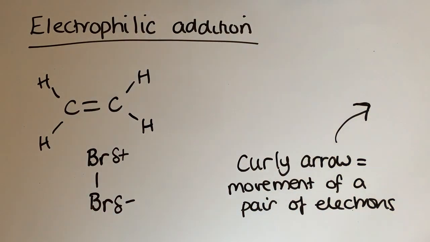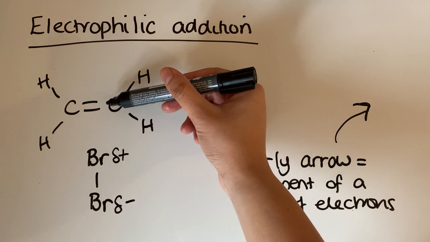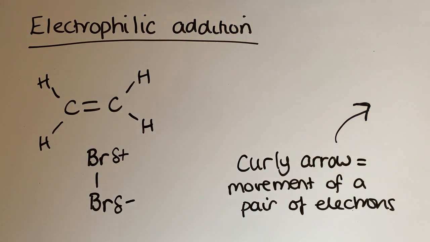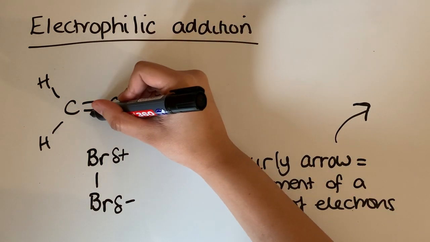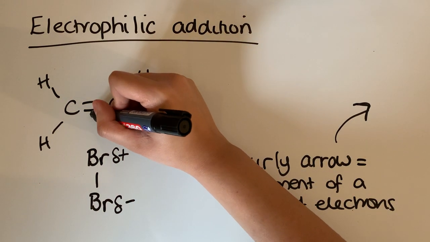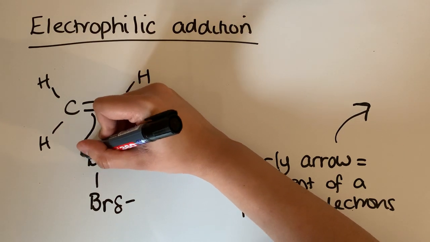So we've got our electrophile here. We know it wants electrons. We know it likes electrons. We know over here we've got a pi bond that's weak, so it's going to break. Our weak pi bond, remember our pi bond also has 2 electrons, is going to move to the Br delta positive.